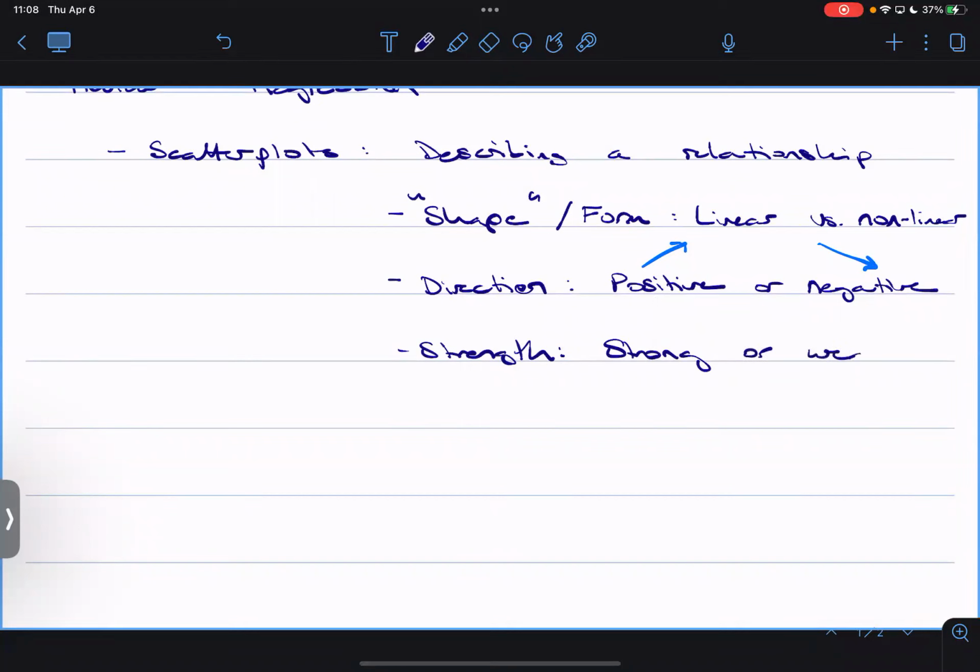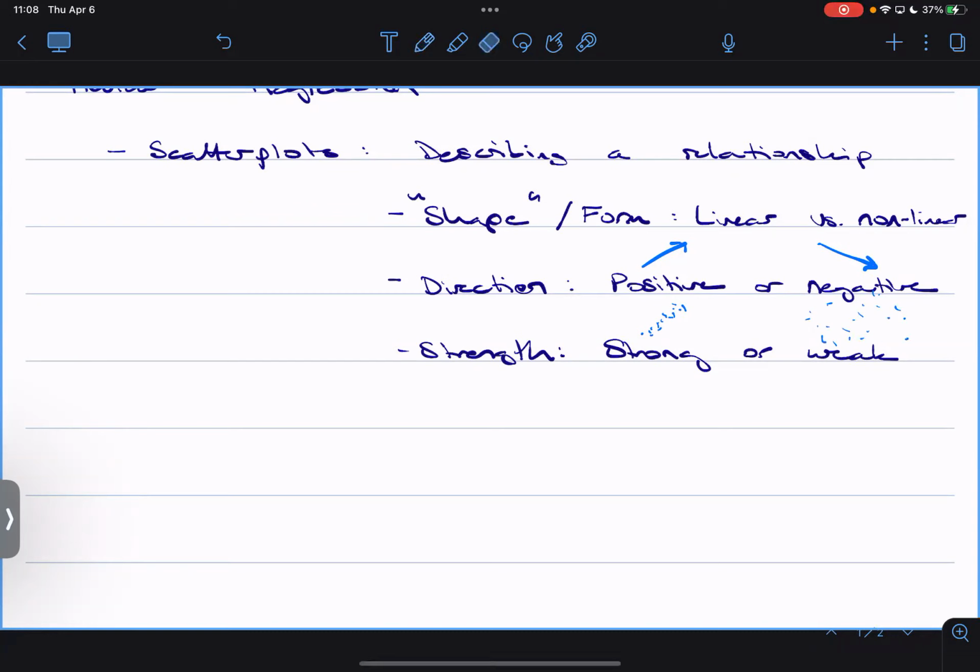Feel free to add descriptors, like moderately strong, moderately weak. A strong relationship is when you can clearly see a pattern, and a weak relationship is when they're just kind of all over the place. Right?